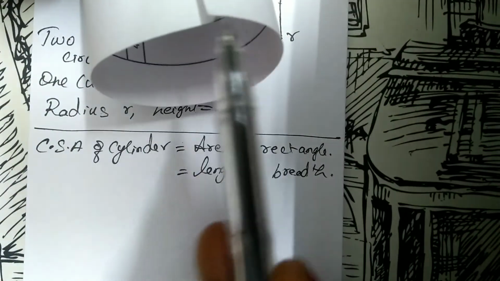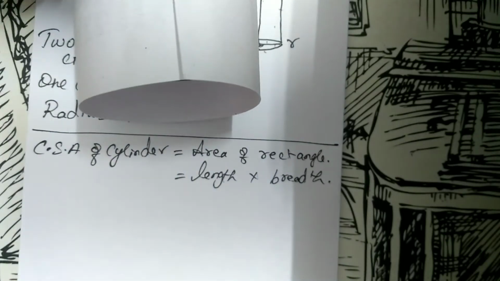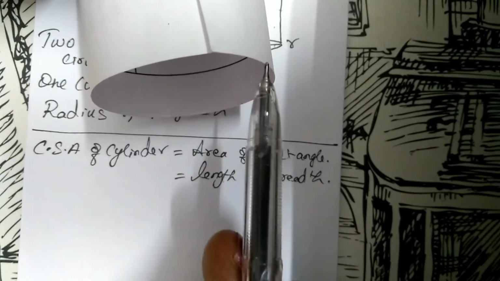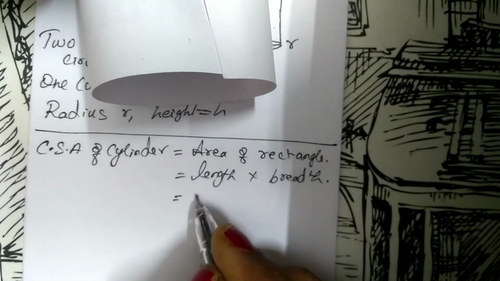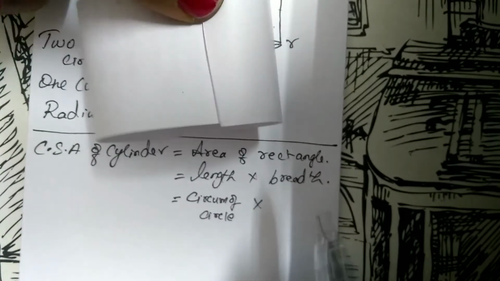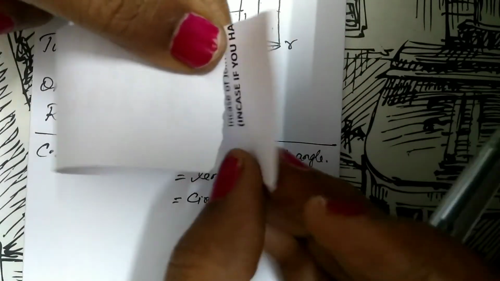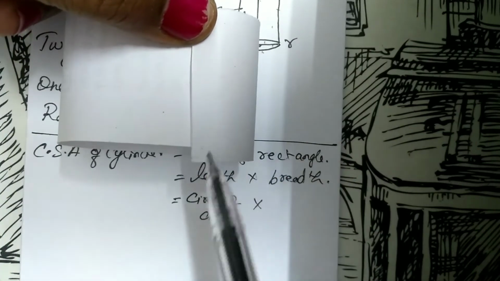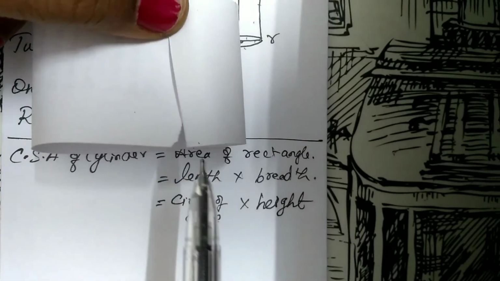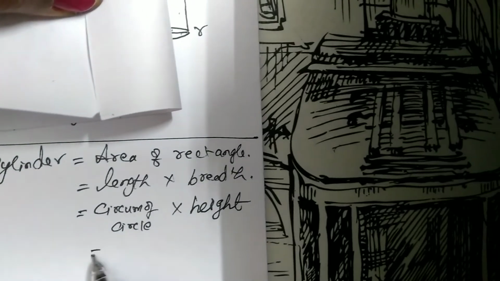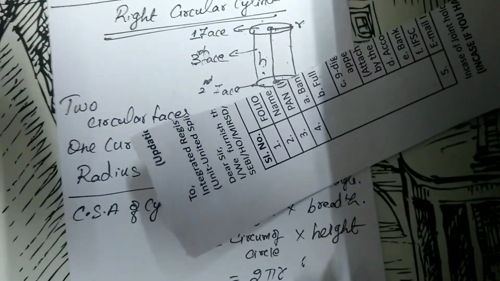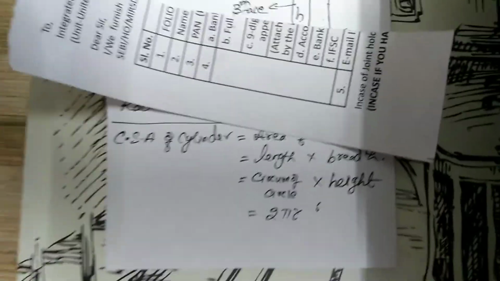The length has become the circumference of a circle, and the breadth, when I enclose it, becomes the height of the cylinder. The circumference of a circle is 2 pi r, and the height is h.